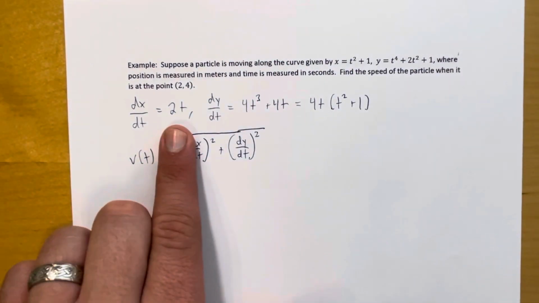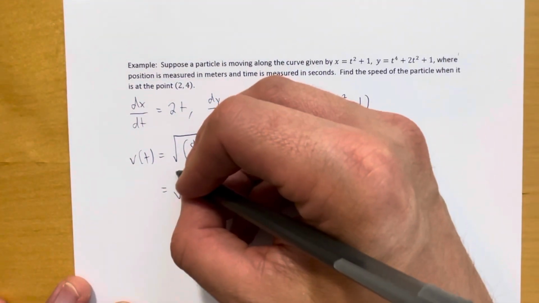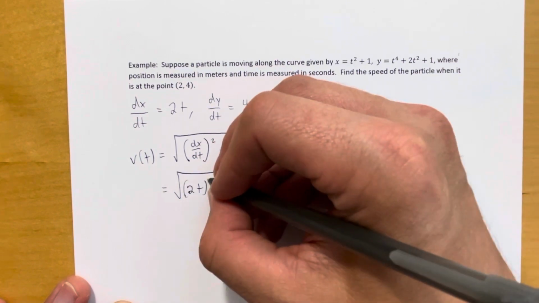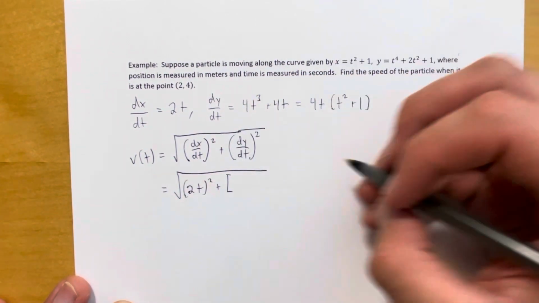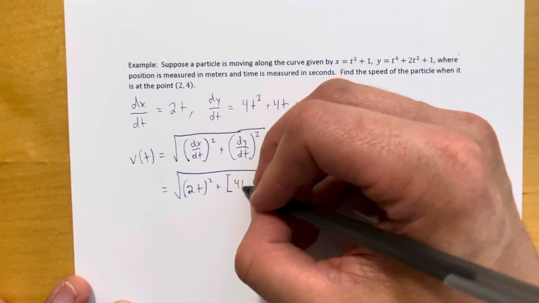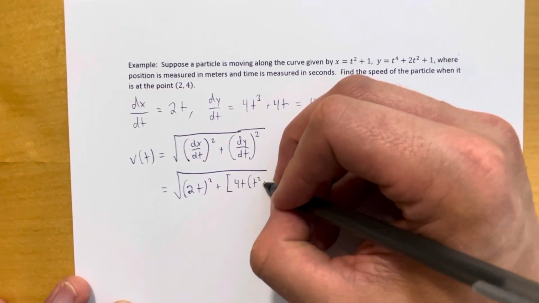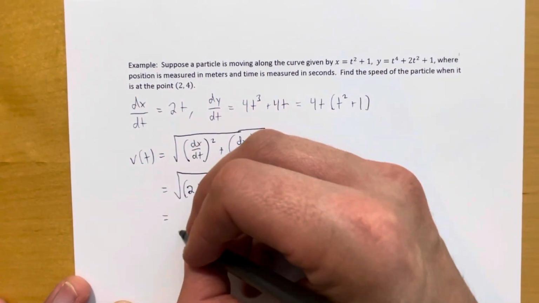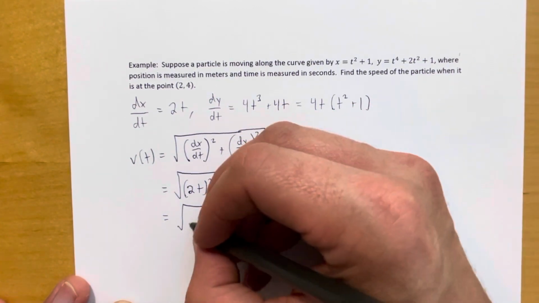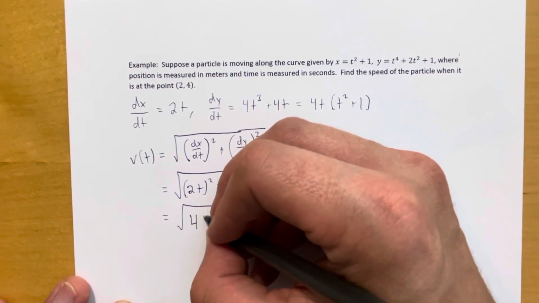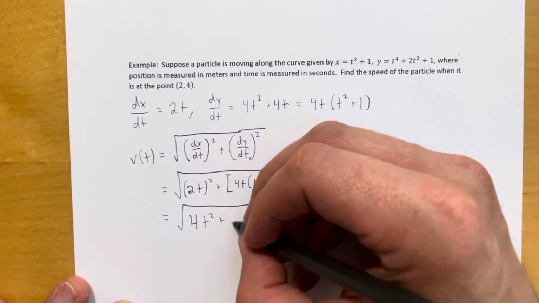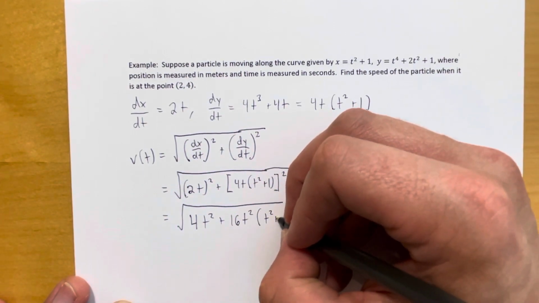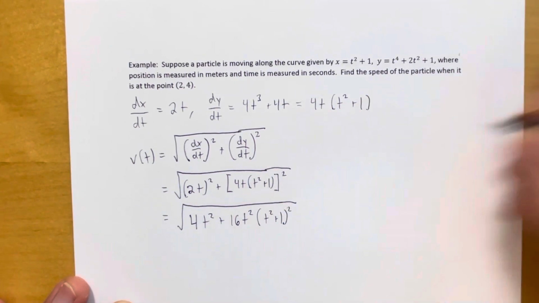For us, that's going to look like (2t) squared plus this guy, (4t times (t squared plus 1)) squared. This is the same thing as 4t squared plus 16t squared times (t squared plus 1) all squared, like that.